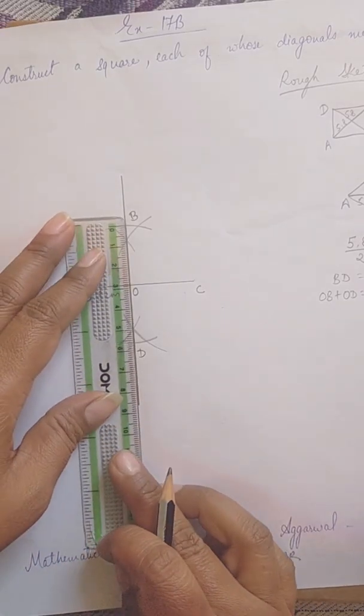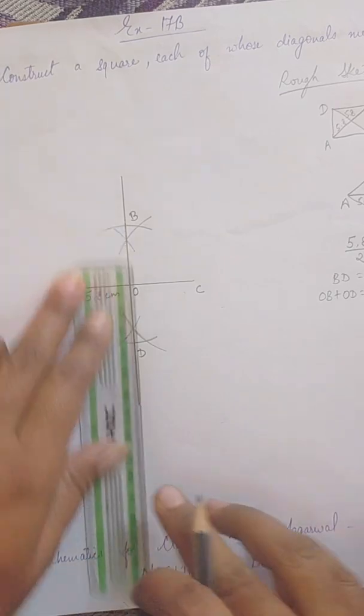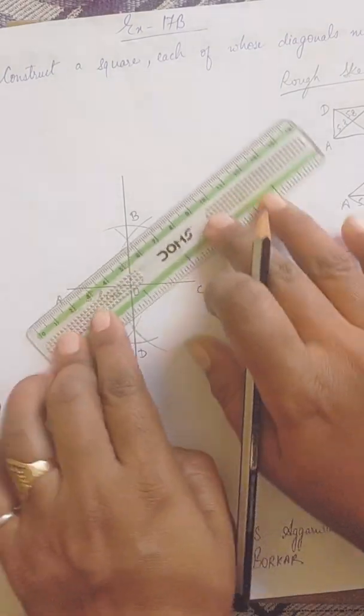So you can measure here. The length of BD is coming 5.8 only. Okay, so now you can join AB, BC, CD and DA.